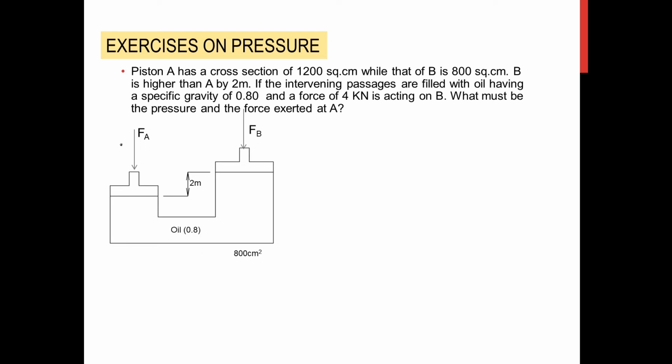So here's the setup of the two pistons. We have the given cross-section that is dipped into the piston through the oil. The oil is the intervening fluid on this hydraulic system.